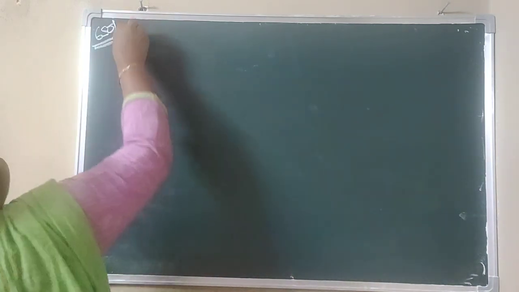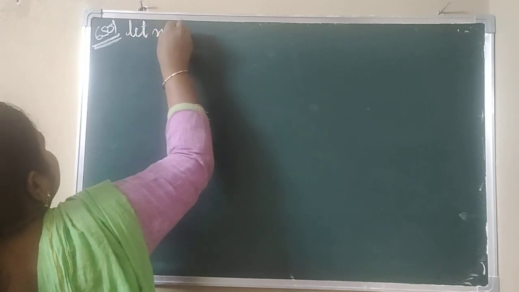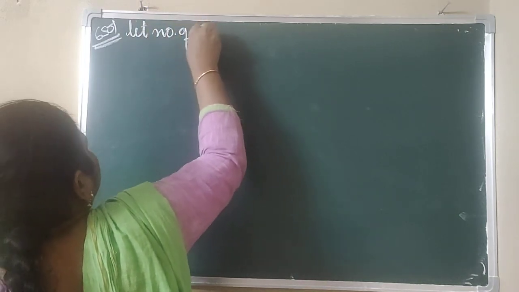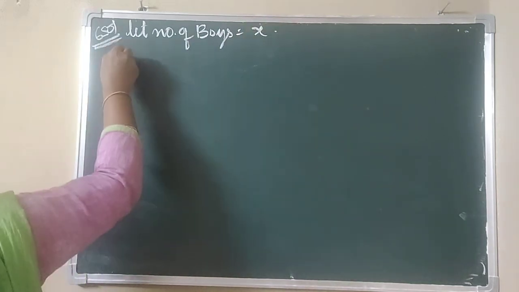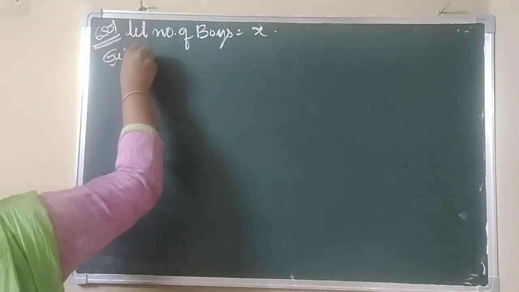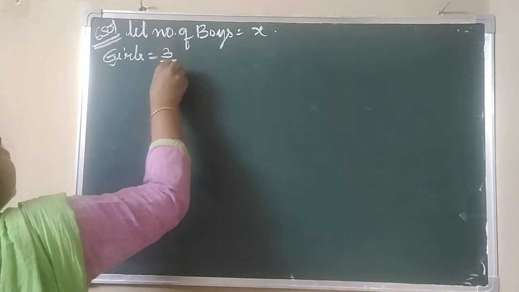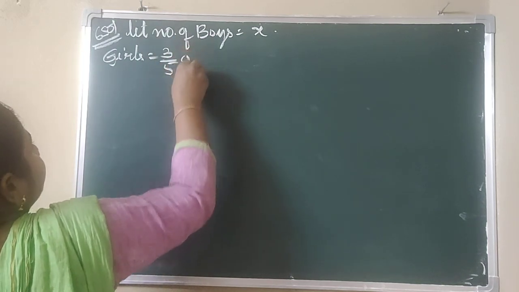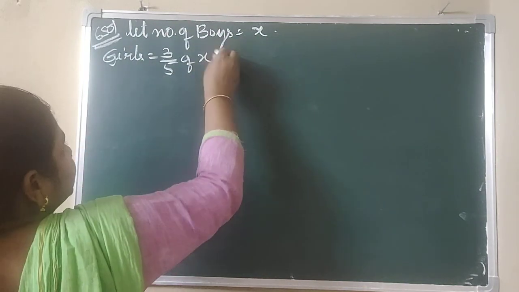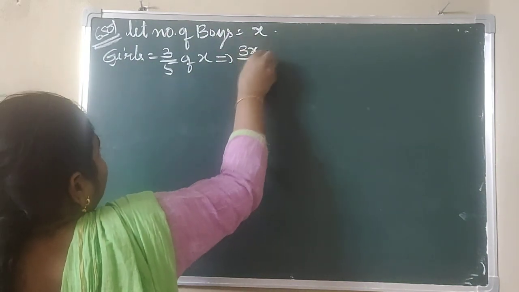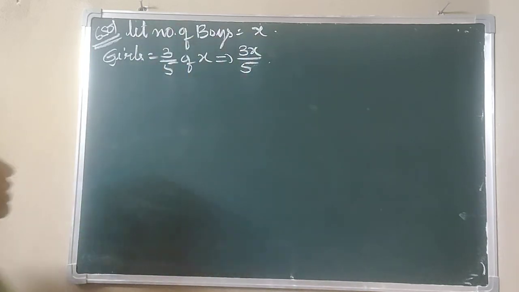So here let the number of boys be equal to x, and they have given the information that girls are 3/5 of boys, and boys value is x, so we can write it as 3x/5. So girls are 3x/5 and boys are x.